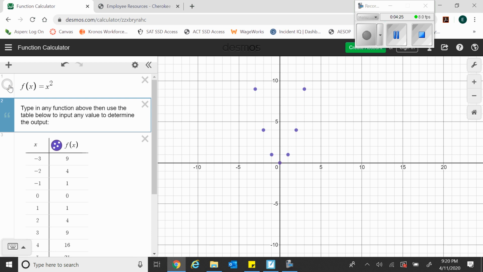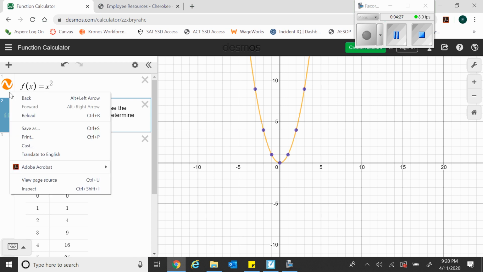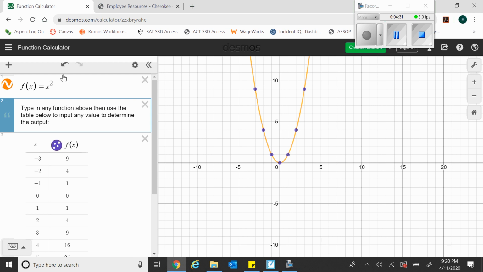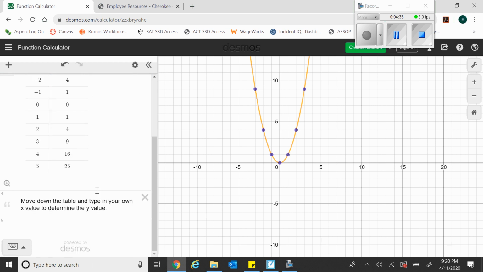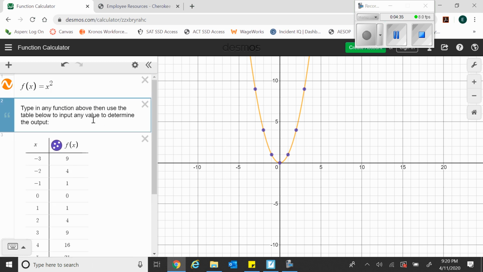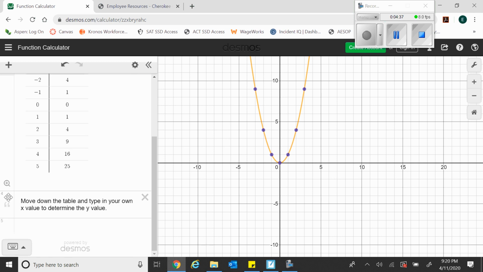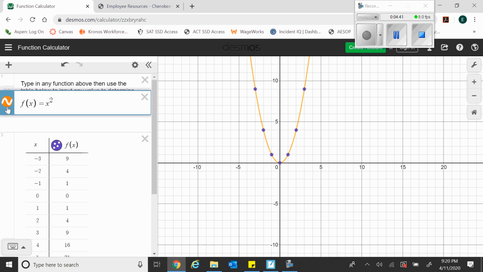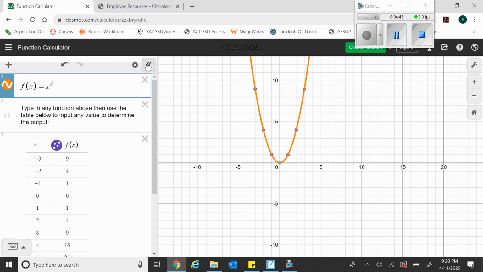function here. Whoopsie. There's got to be another way to get a function, guys. Well, give me just a moment. I'm going to figure this out.